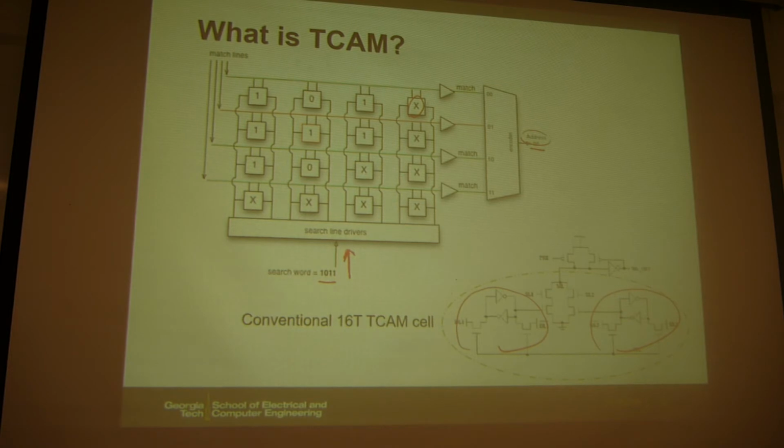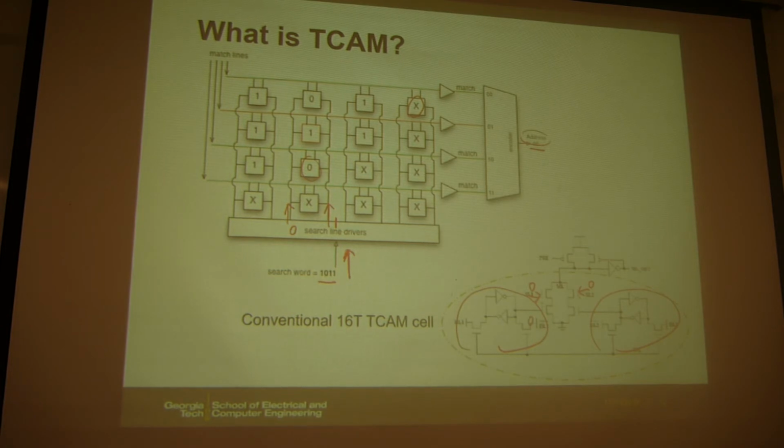So the idea is that you are going to have the complementary search data. For example, the search data is 0, so that means this is 0, and the search line bar will be 1. So those two will be input to the gates of those two transistors. And then, depending on the data pattern you store here, for example, if you store 0, then here you are going to have 0.